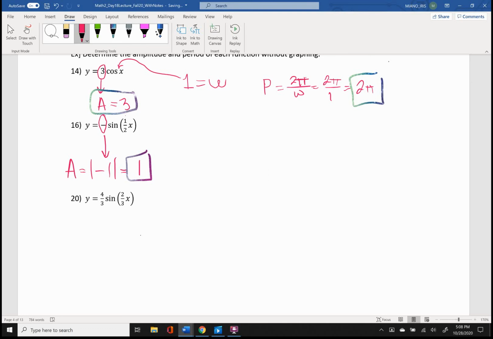And here we'll need to do some work and recognize that omega is 1/2. So the period is equal to 2 pi divided by that 1/2. Well, put your algebra hat on. Whenever you divide by a fraction, you actually multiply by its reciprocal. So that makes the period here 4 pi.